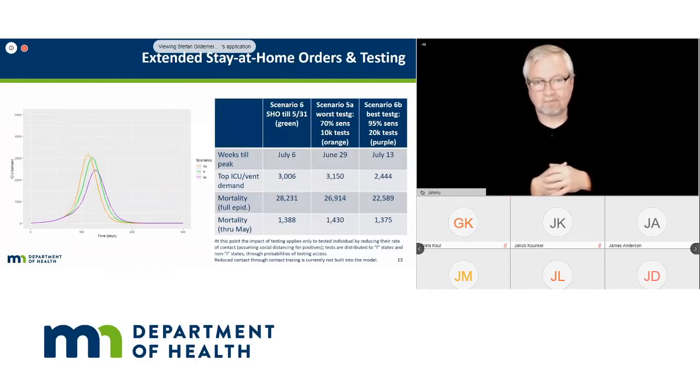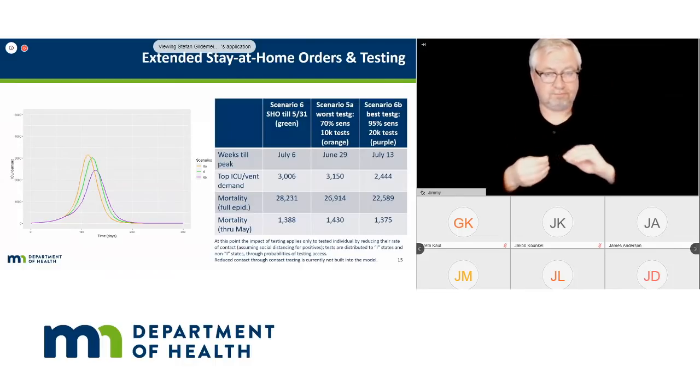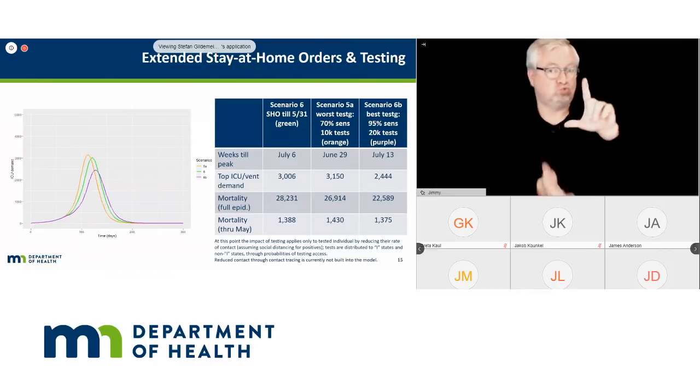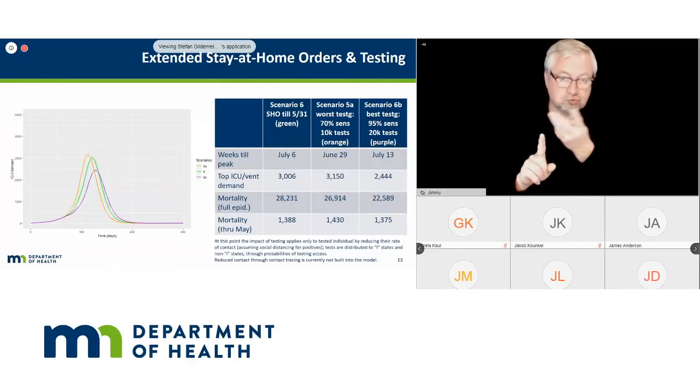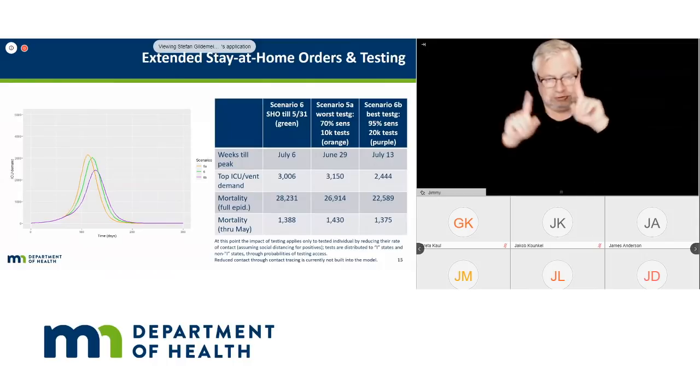By definition, the scenarios are capped at 10 and 20,000. So to the extent that there are multiple tests done for individuals, that is the environment in which the scenarios are playing out.